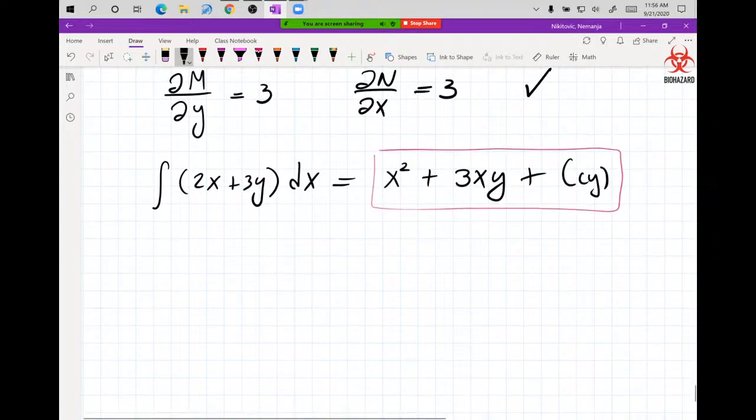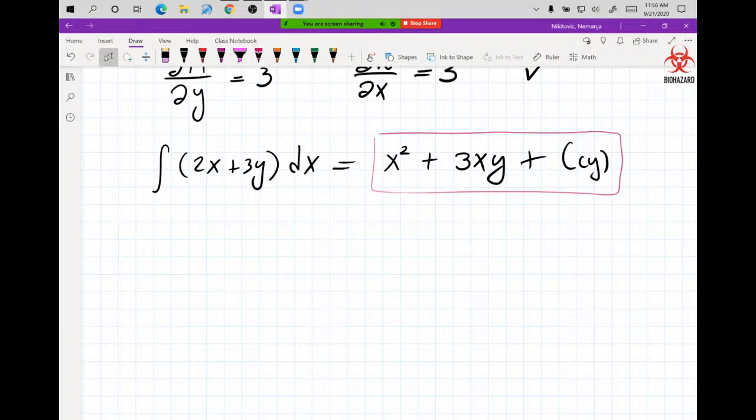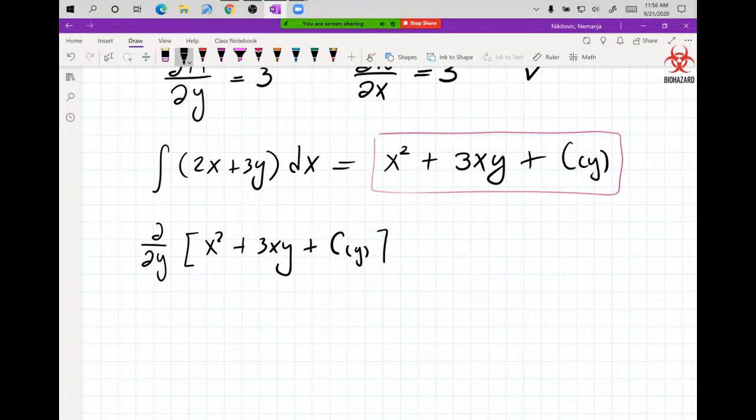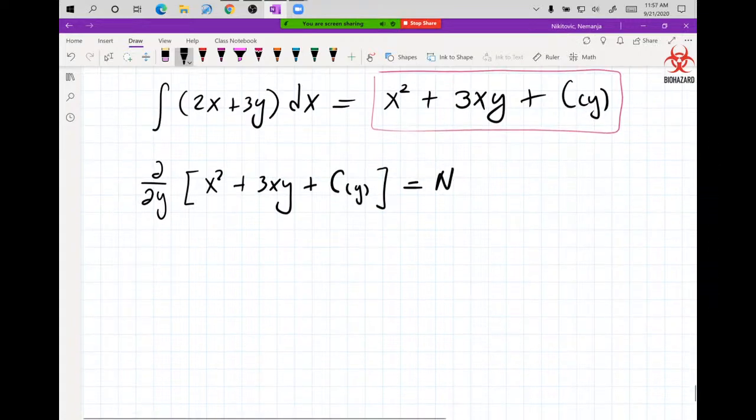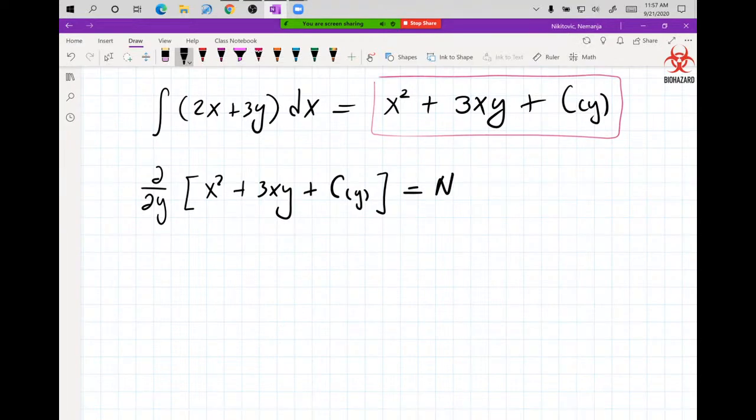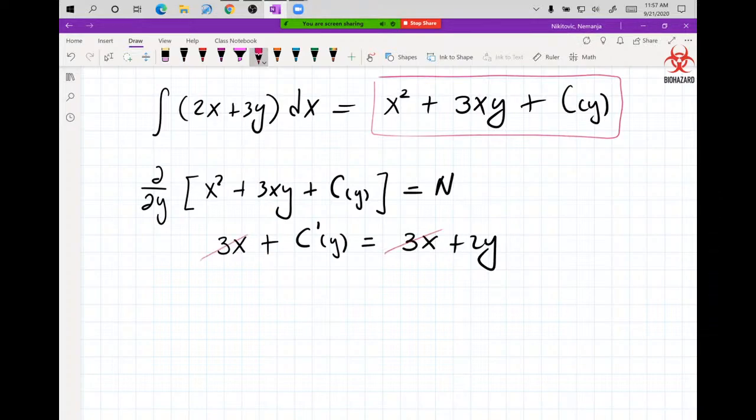And then now you figure out what c of y is by taking the partial derivative with respect to y of x squared plus 3xy plus c of y, and equate that to N. So the first term is done, the second term is 3x plus c prime of y equals, and my N was 3x plus 2y, I hope, because 3x would drop, and I have my c prime of y is equal to 2y.